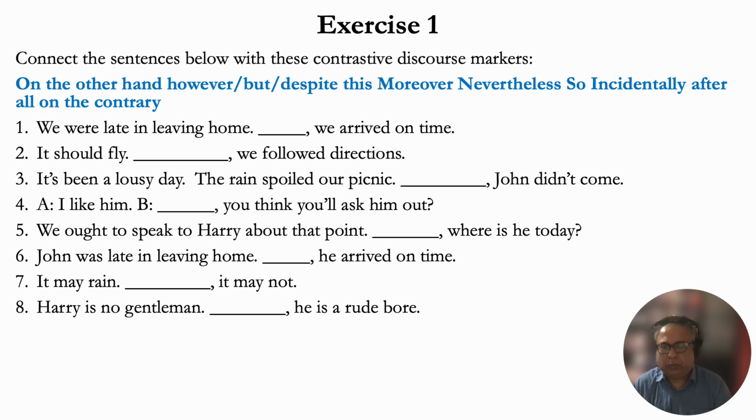Pick one of these contrastive discourse markers in blue, and see which one fits where. You have 8 sentences and 8 contrastive discourse markers. Do this exercise, pause the video now, and then complete the exercise. As always, if you have been taking lessons with me, I will show you the answer so you can compare your answers.